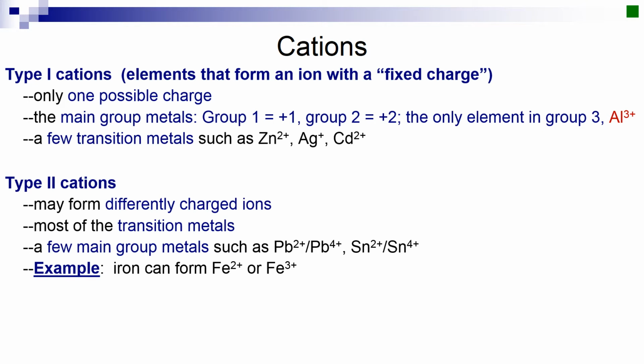Then you have iron, which can form Fe2+ or Fe3+ as a type 2 cation. As with many of the other transition metals, they can form several different types of ions. When they lose electrons, because they're metals, to form an ion, they might have a +1, a +2, a +3, and so on. Sometimes you'll even see +6 or +5. Wow. Okay, cool.